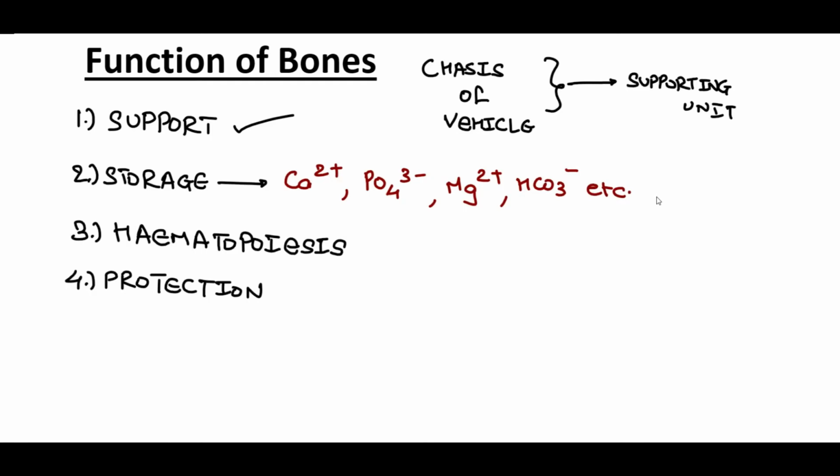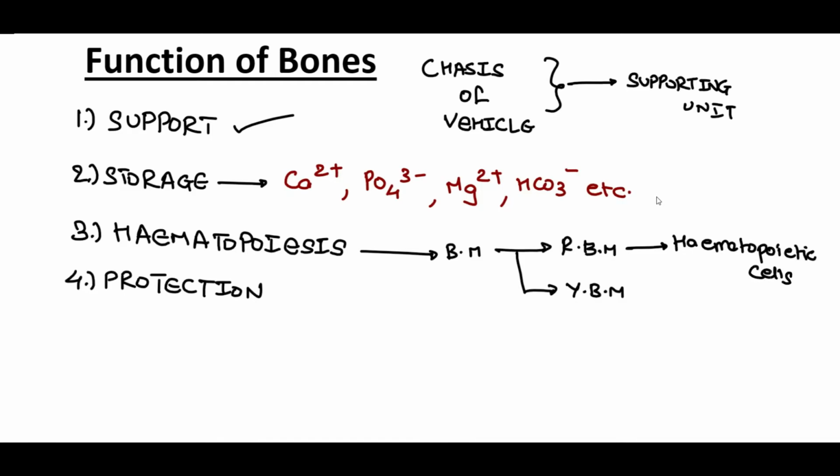Apart from it, we have the function of hematopoiesis, which occurs in the bone marrow. In the bones, we have two types of bone marrow, the red bone marrow and the yellow bone marrow. The red bone marrow is the one which produces the hematopoietic cells, whereas the yellow bone marrow is the one in which adipocyte deposition takes place.